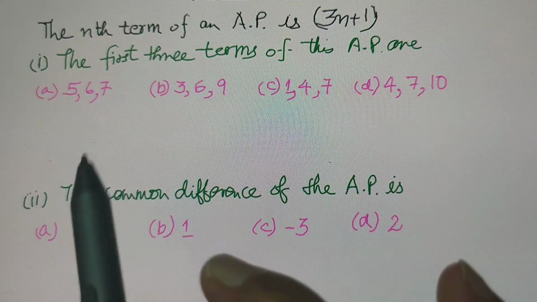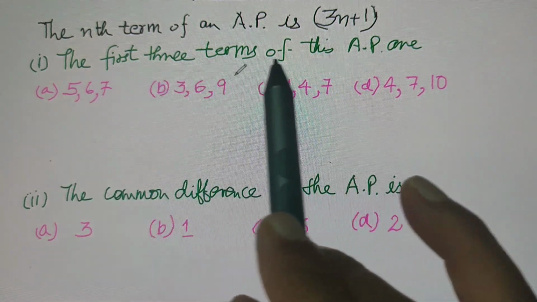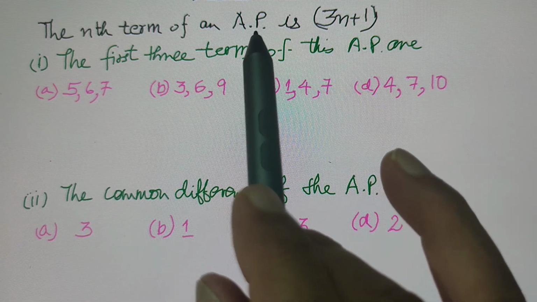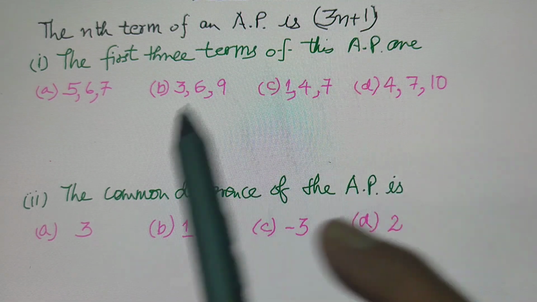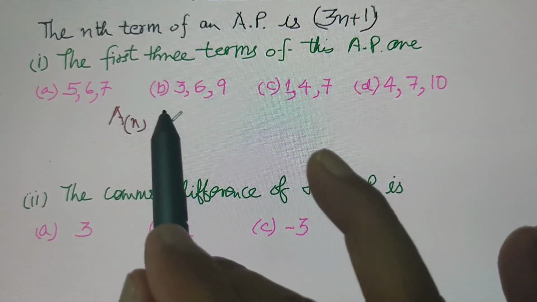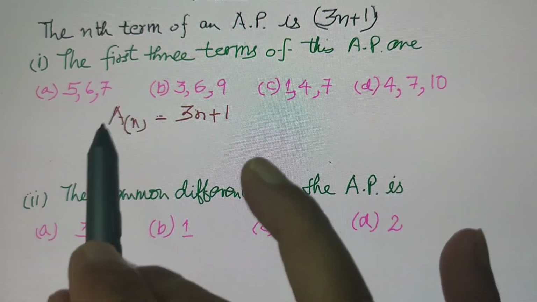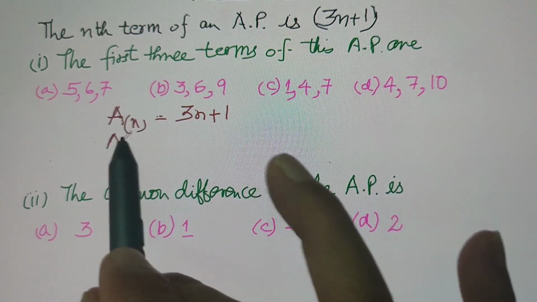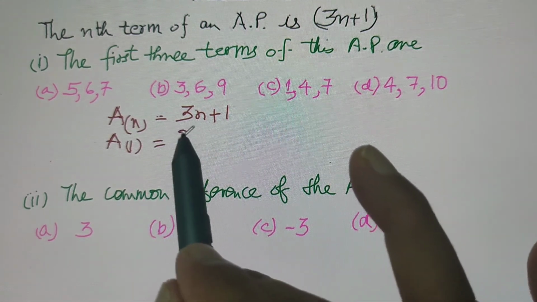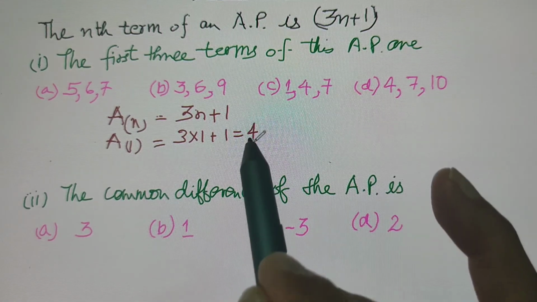Okay, fine. Now we are here with the last part of the question where we have to find the first three terms of the AP, where the nth term of the given AP is 3n plus 1. Now let us put the value of n as 1. When we put the value of n as 1, we are going to get 4.